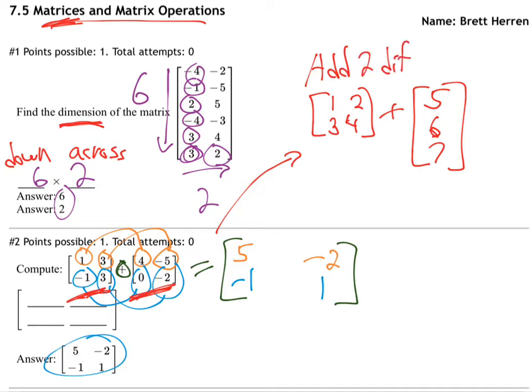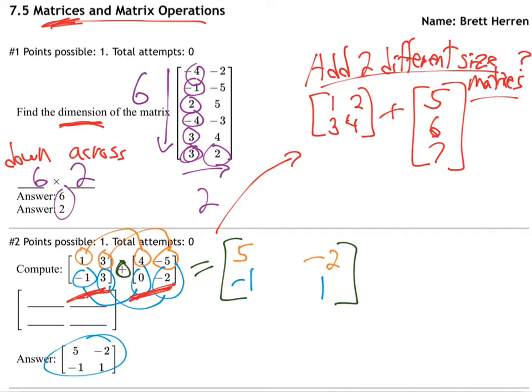two different size matrices? How do you add two different size matrices? Well, I'll tell you what they came up with. Maybe they could have come up with some amazing thing where they expanded both the matrices or whatever.